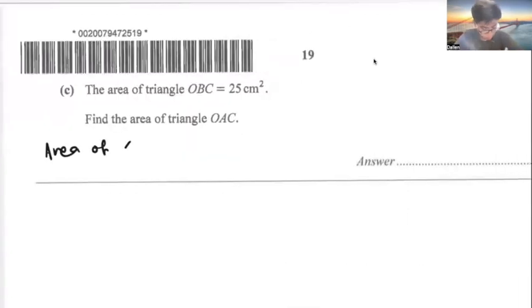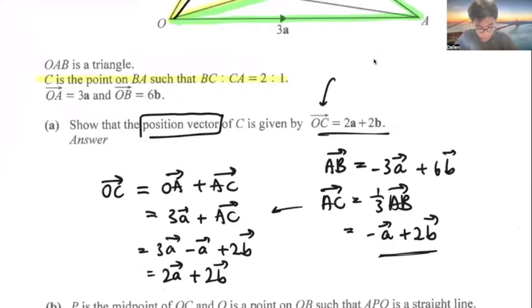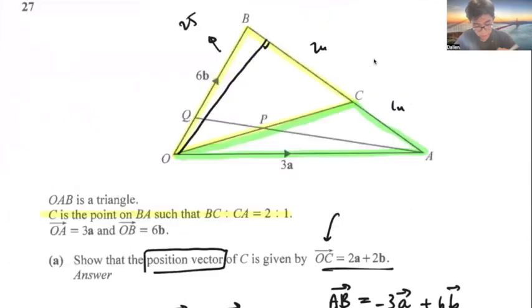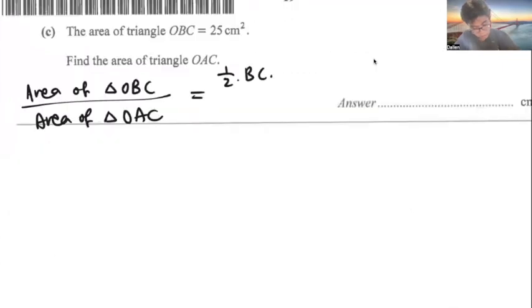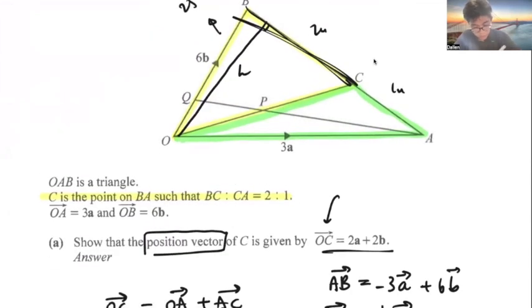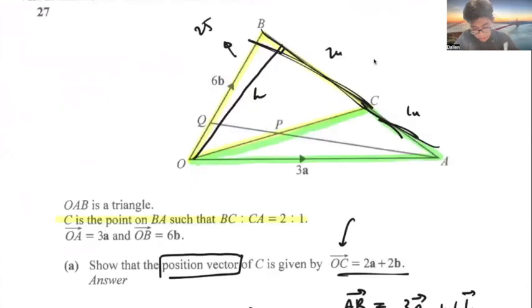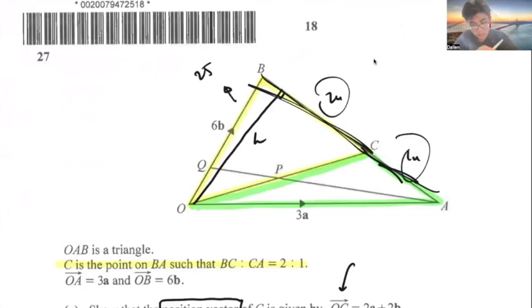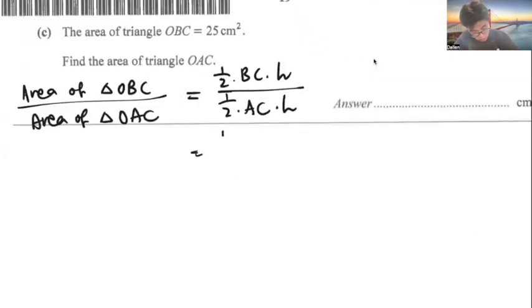So area of triangle OBC over area of triangle OAC is equal to, area of OBC is half times BC times height, and area of OAC is half times AC times height. We know that BC is twice AC.